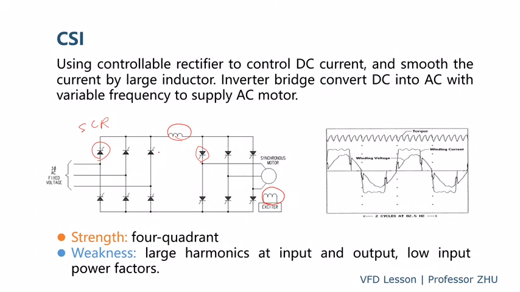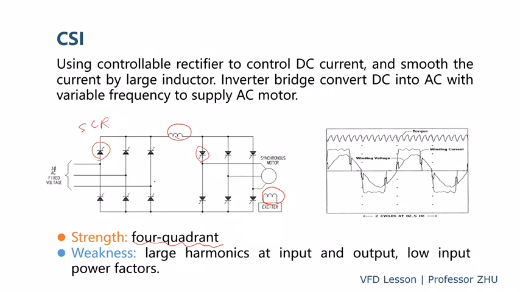The advantage of the CSI, current source inverter, is that the drive can do the four-quadrant operation, or what we call regeneration. In a lot of applications, for example when you stop a load with big inertia quickly, or when we use it in a crane or elevator, there is a situation where the mechanical energy of the motor can be converted to electrical energy.